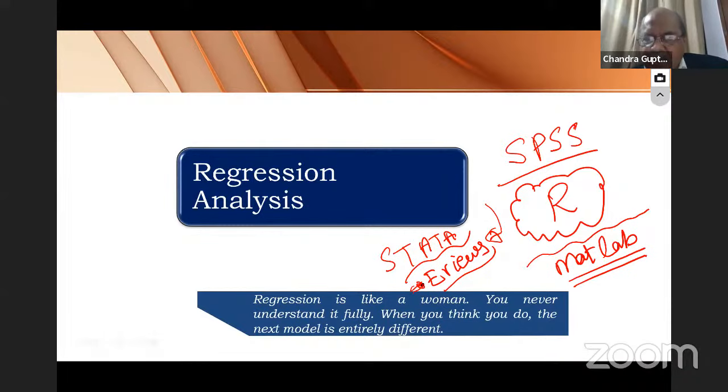No programming is required for EViews, but if you are comfortable with programming, you can also make use of R. R requires a lot of programming. You have to learn a lot of commands and specific libraries which are to be used. But EViews is more friendly. Click, click, click, menu driven, and you feel very, very comfortable with time series analysis with EViews.